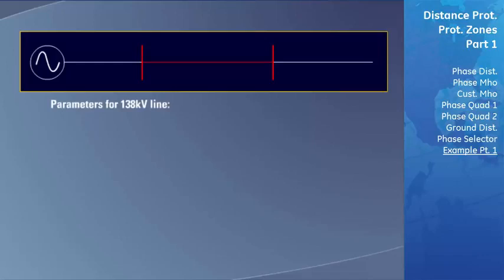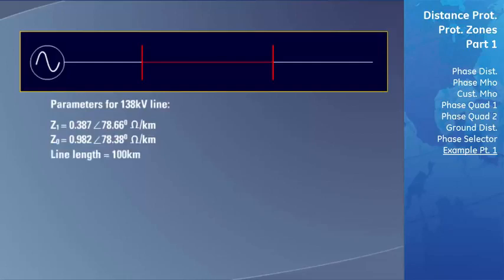The transmission line will be a single, non-paralleled line that is transmitting power at 138 kilovolts. This line has a positive sequence impedance of 0.387 ohms at an angle of 78.66 degrees per kilometer of line, and a zero sequence impedance of 0.982 ohms at an angle of 78.38 degrees per kilometer of line.